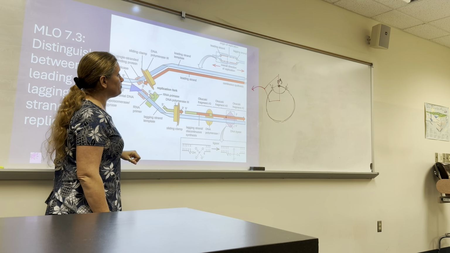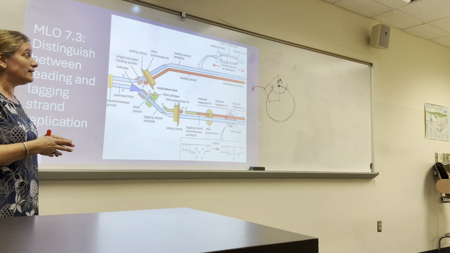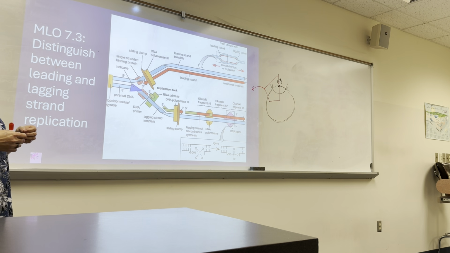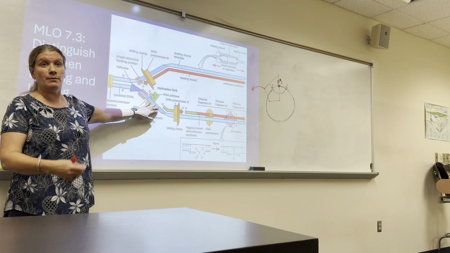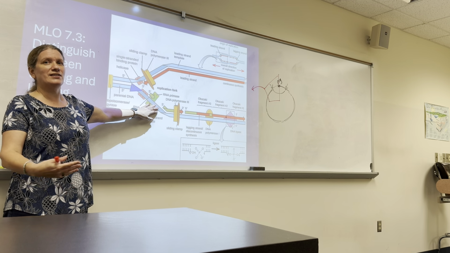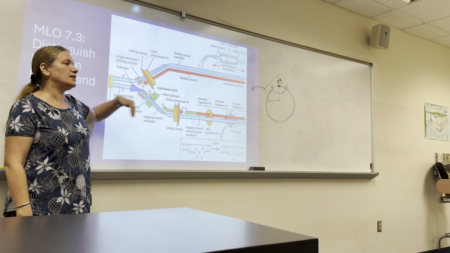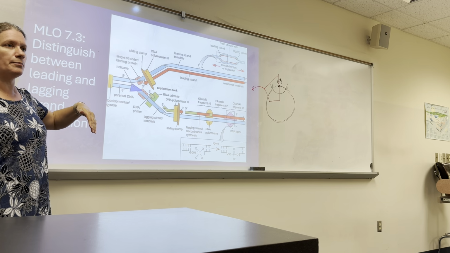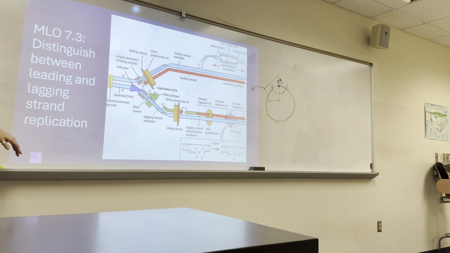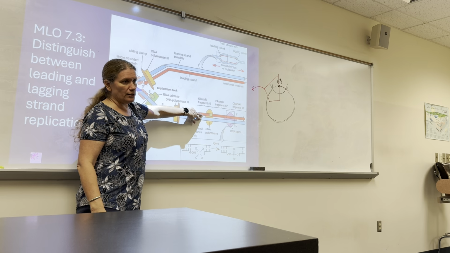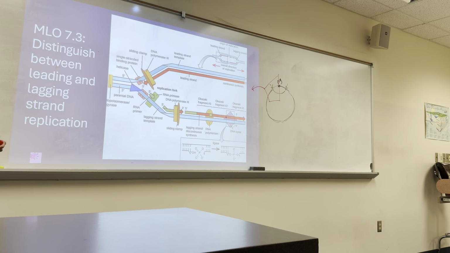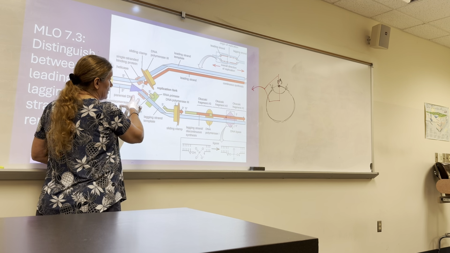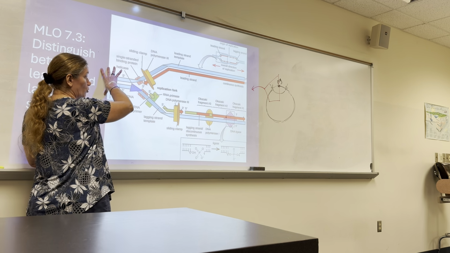And there's no way that the cell can sustain keeping that template open with single-stranded binding proteins for an extended period of time. So it needs to use that template immediately to make a complementary copy, get our double-stranded going, and repeat in that situation.